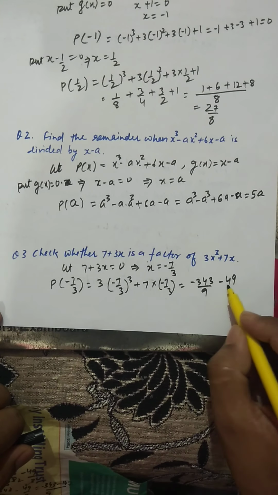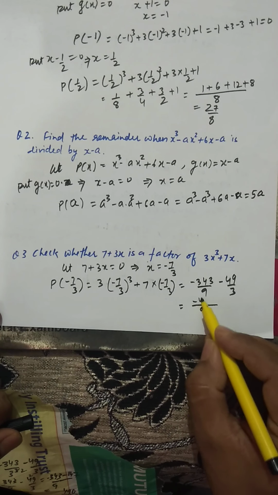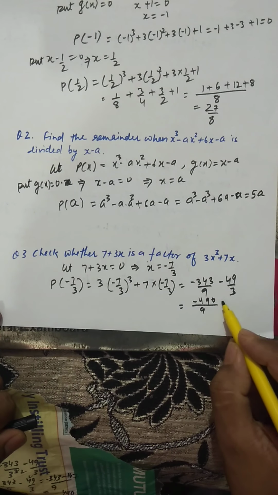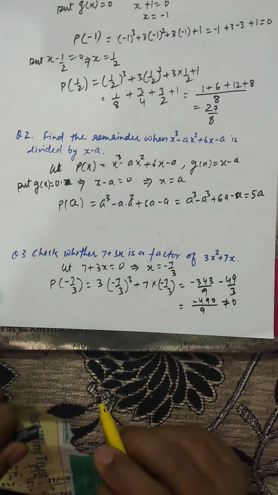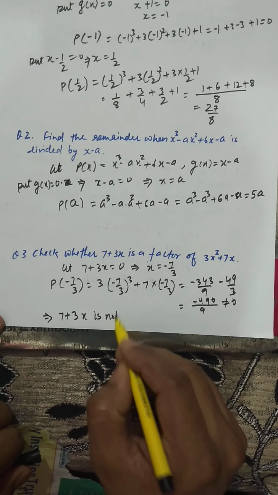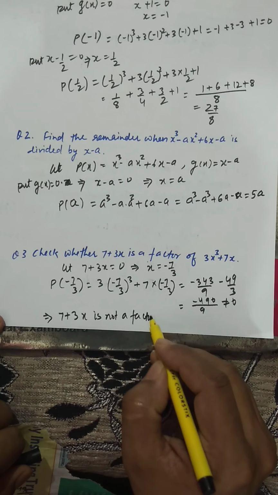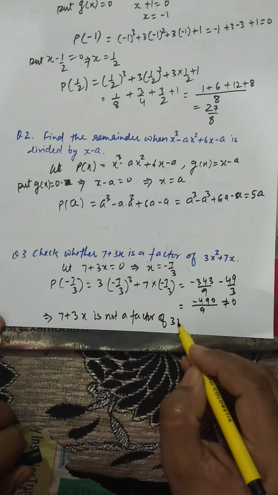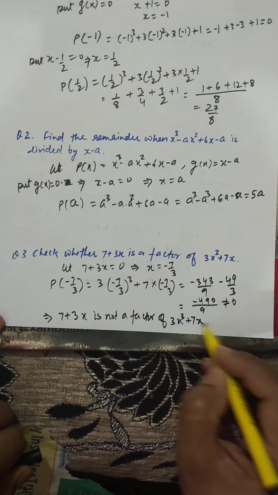So after taking LCM, this is 9. After simplifying, you are getting 490 by 9, which is not equal to 0. So it means you can say that 7 plus 3x is not a factor of 3x cube plus 7x.